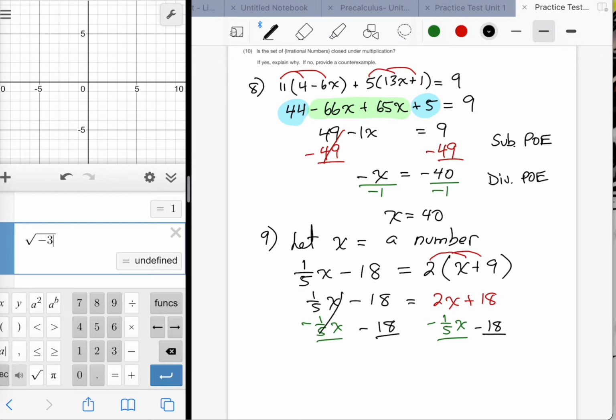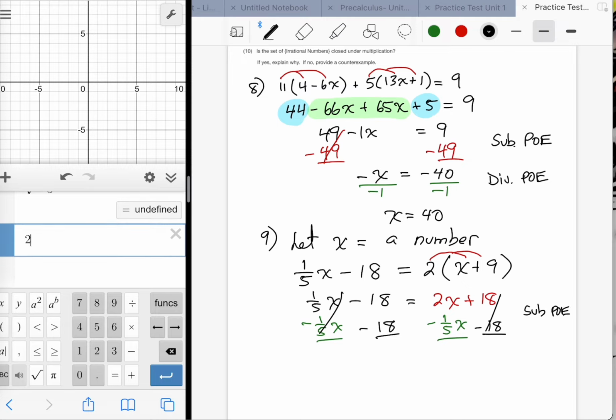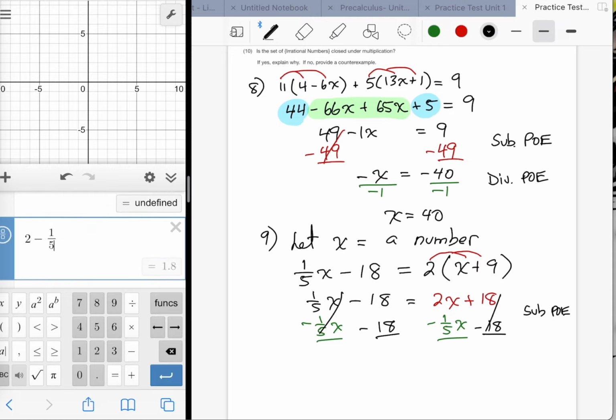They're both under the same property, so we're good. They're both subtraction property. All right, so I would just need 2 minus a fifth. Not afraid of fractions anymore with Desmos. 2 minus a fifth, just type it in. 1.8 x is equal to negative 36.